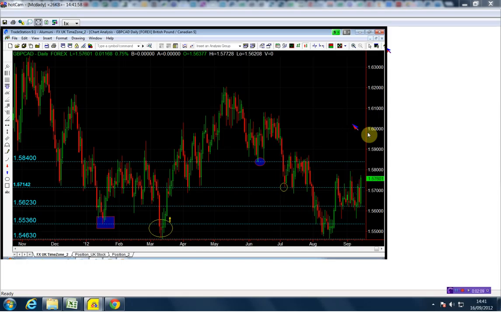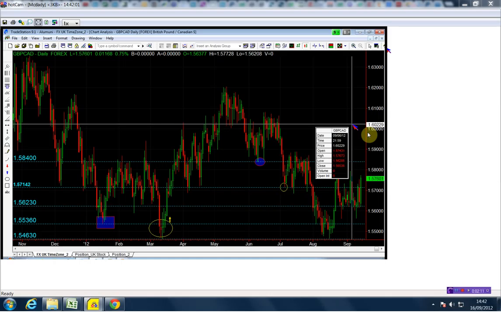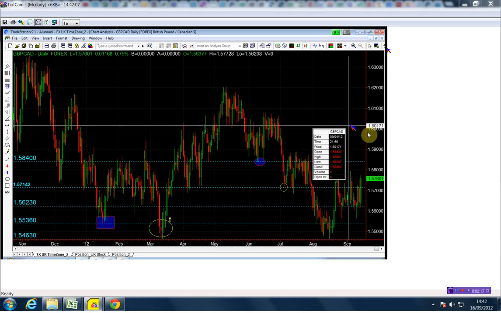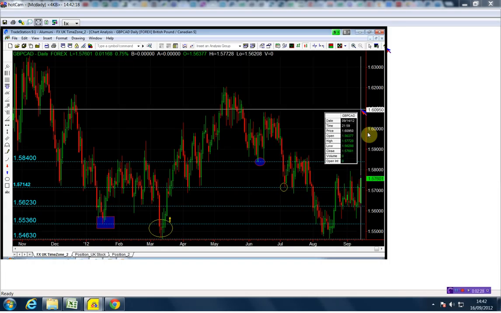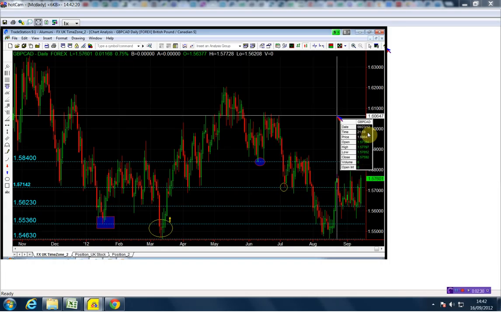This high is 157.67, and this one is 157.93, and the high is 157.72. This one is 157.79.